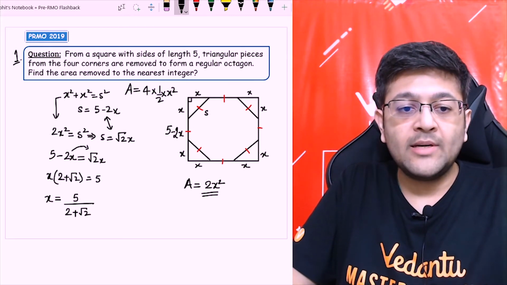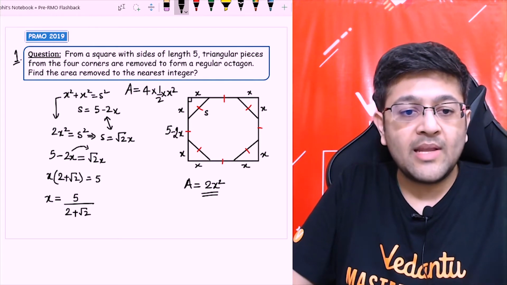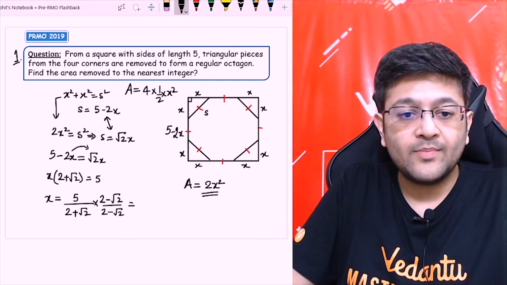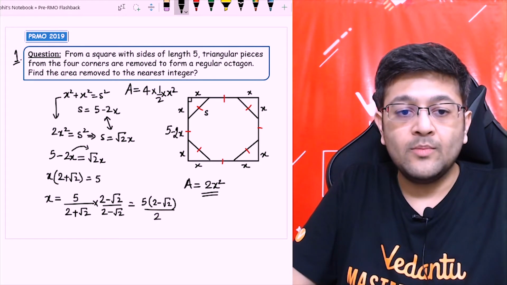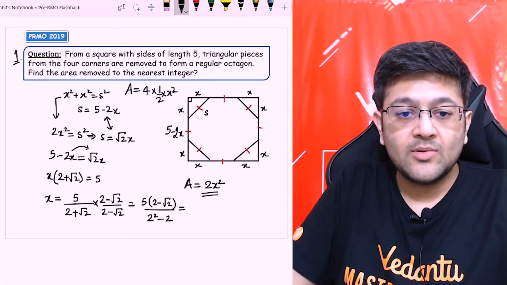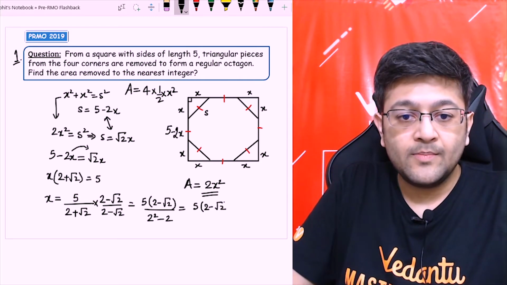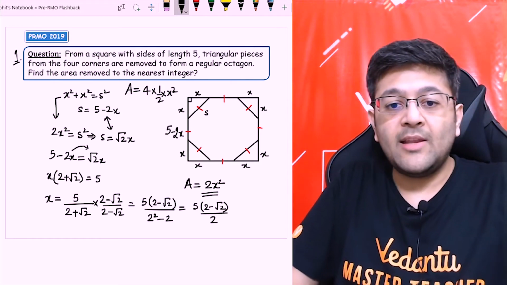Now to calculate it further, I can rationalize this: multiply by 2 minus root 2 upon 2 minus root 2. This will give me 5 times 2 minus root 2 upon 4 minus 2, that is 2, right? So that is the value of x actually.